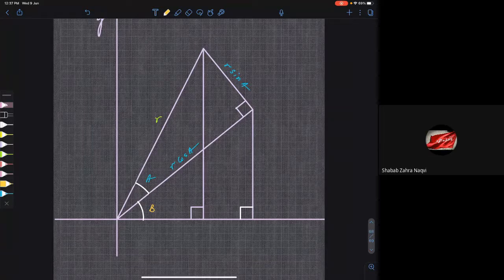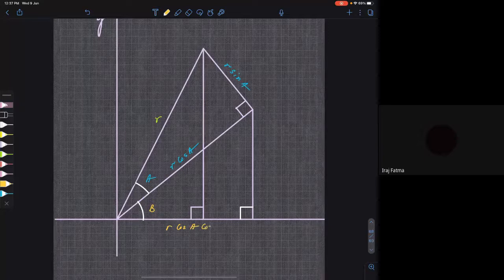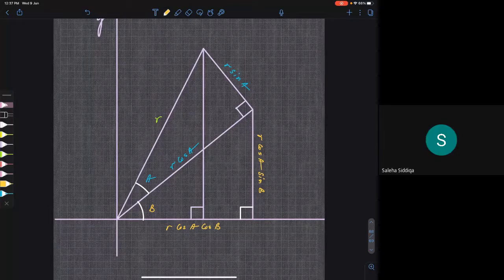It will be R cos B. And what will be this side? It will be R sin B. Clear? Okay, fine.